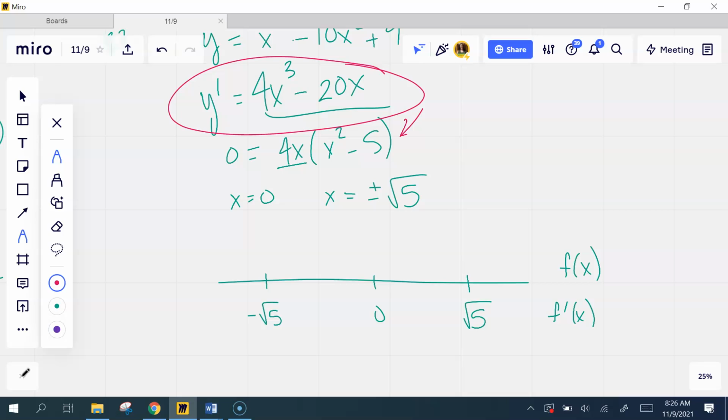It'll be a little easier to see the sign. If I plug in -3, that would be 9 minus 5, which is positive. A negative times a positive is a negative. That's exactly right. Don't make more work for yourself than you have to.